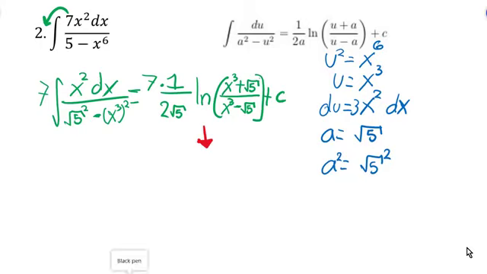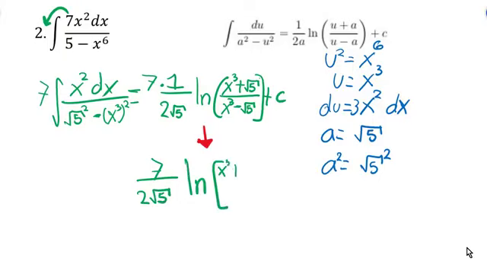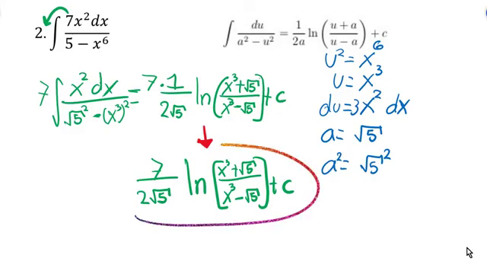And this is going to be simply 7 over 2 times square root of 5, multiplying the natural logarithm of x to the third plus square root of 5, divided by x to the third minus square root of 5, and we add the constant, and there we have it. So that is the answer.